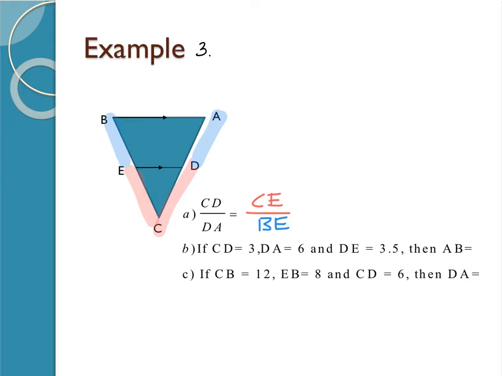If CD is 3 and DA is 6 and DE is 3.5, then AB is what? What do you think our proportion that we need to set up here is going to be?